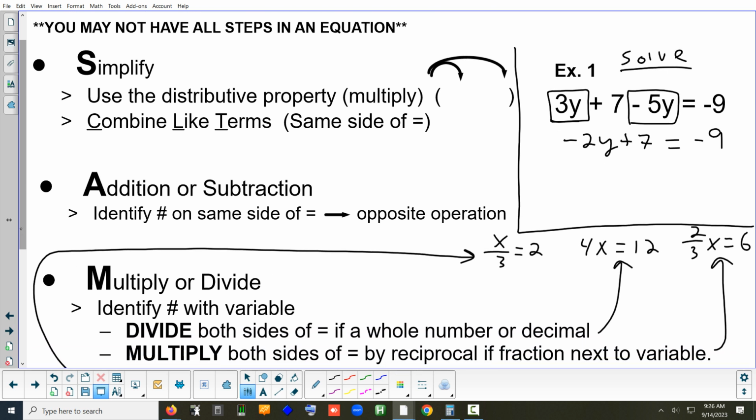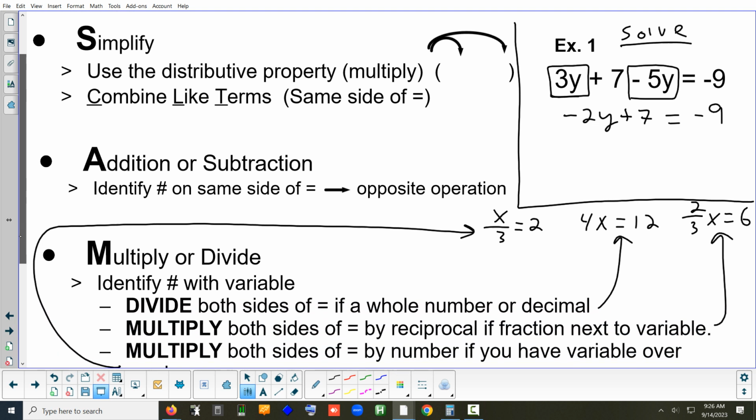Next thing we want to look for is adding or subtracting. Is there any adding or subtracting we can do here to start to get y by itself? Yes? What could we add or subtract? You can subtract 7 from the right and the left.